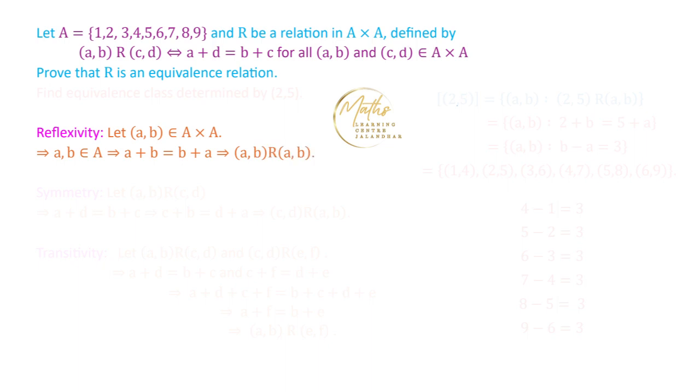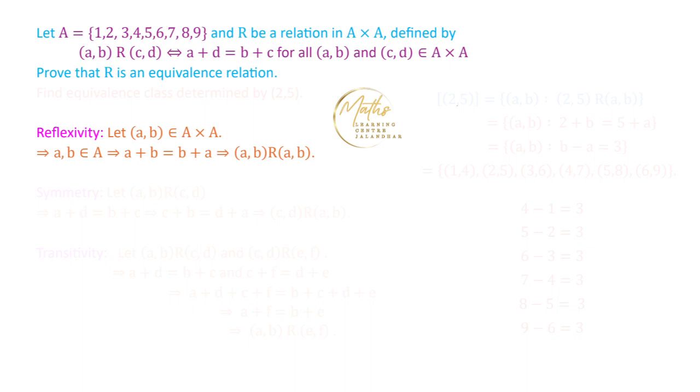That is, every element is related to itself. We are writing a plus b is equal to a plus b from this condition of the relation. So we have proved that this relation is reflexive.